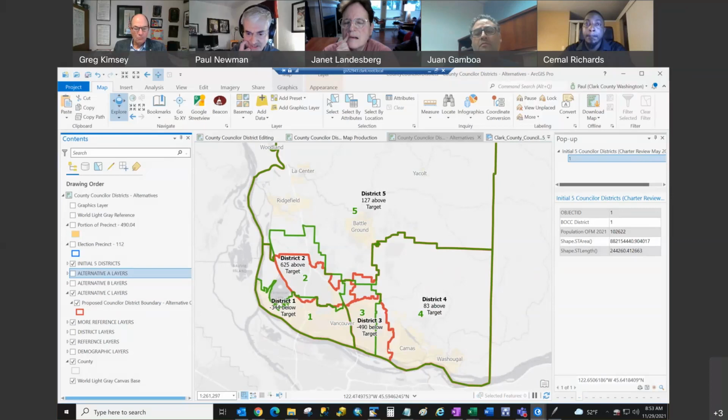I did not get the entire city of Vancouver, but I started by moving this east, and that of course shifted population. So I went around counterclockwise to rebalance the remaining districts.